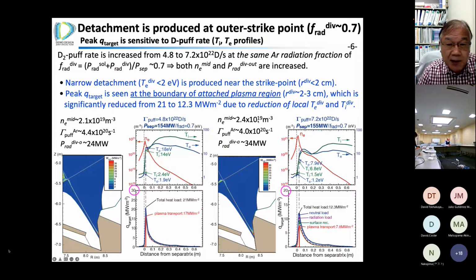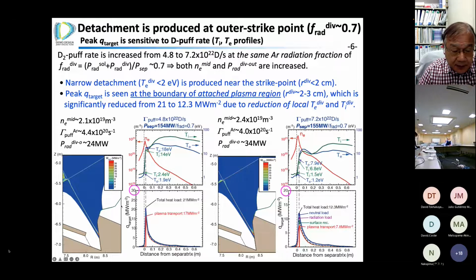The first result is the lower radiation case. This case is 70% radiation of the P_sep. We change the gas puff from here to here. The right figure shows the lower gas puff case.